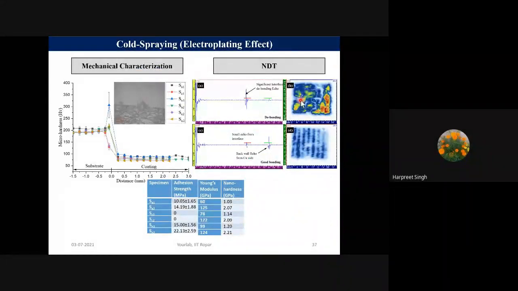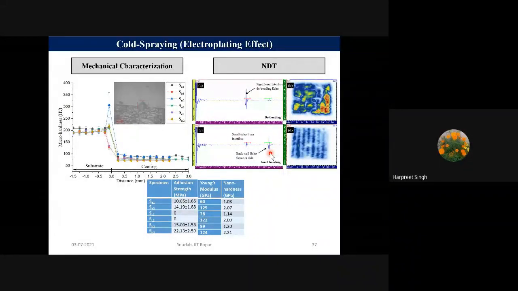Now again, in this case, what we saw was that in the third case, the bonding was very good. Third case means where we introduce our nickel interlayer, a thick nickel interlayer, not the copper. Okay, and that's what we will see, why it was.